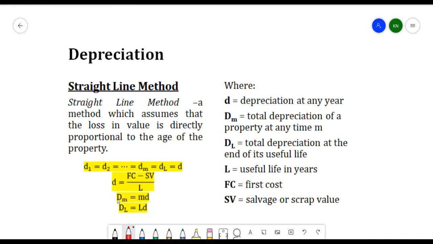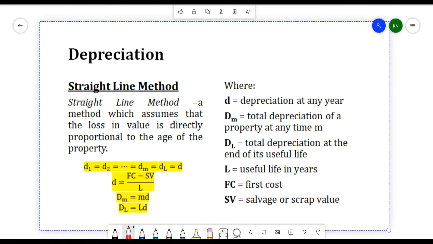DM is equivalent to M times D, where M is the year and D is the depreciation at any year. We also have DL, which is equivalent to L times D, where L is the useful life in years and D is the depreciation at any year.